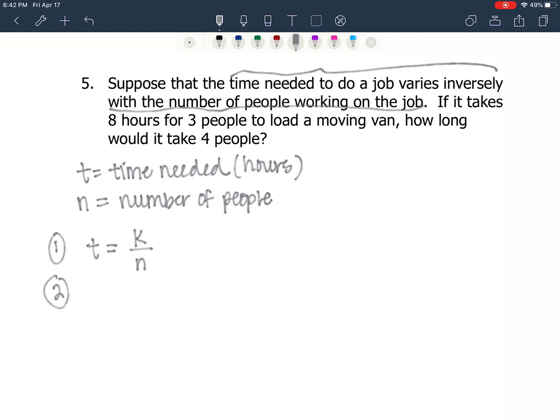it's going to take 8 hours for 3 people to load a moving van. So 8 goes in for time. 3 people, that's going to go in for n. And k is going to equal 24. So our specific formula for this problem, t equals 24 over n.